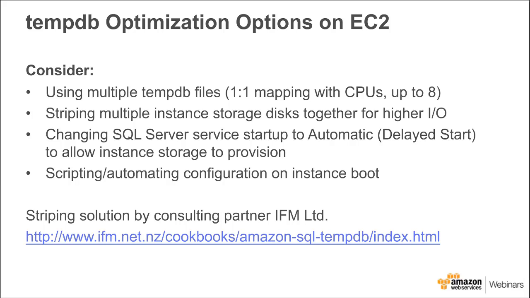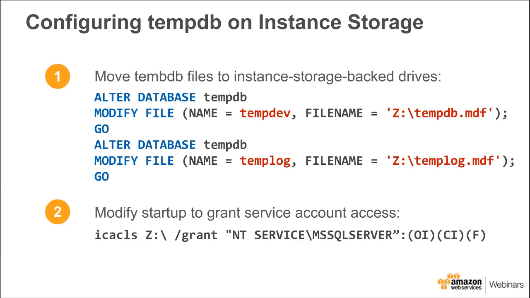So you want to switch that service to a delayed start or just start it manually yourself once you've confirmed that the volumes are initialized. And here is an example on how to do it manually. You simply alter the tempdb database and then grant the SQL Server service permission to that drive.